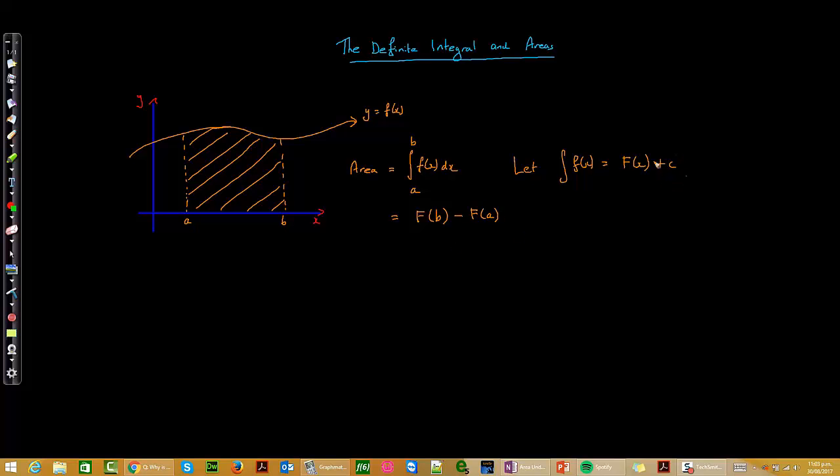And we've already discussed why we don't need that plus c, because we would have a plus c and a plus c here, and those two things would simply cancel every time. So this area is equal to the calculation of this definite integral.